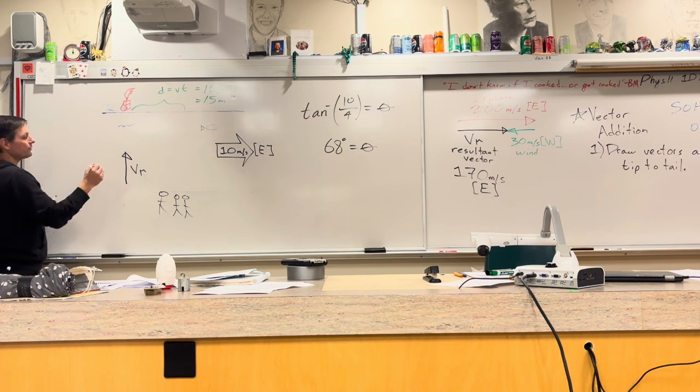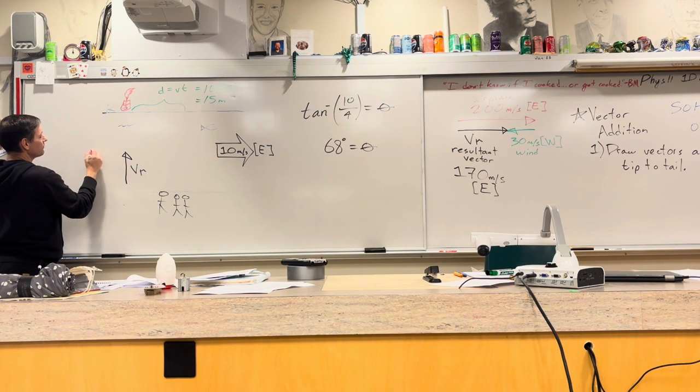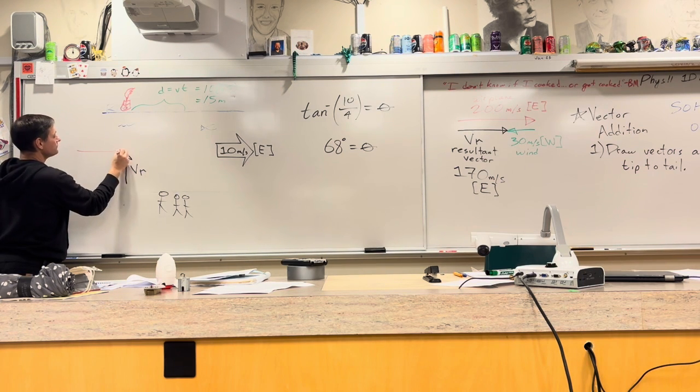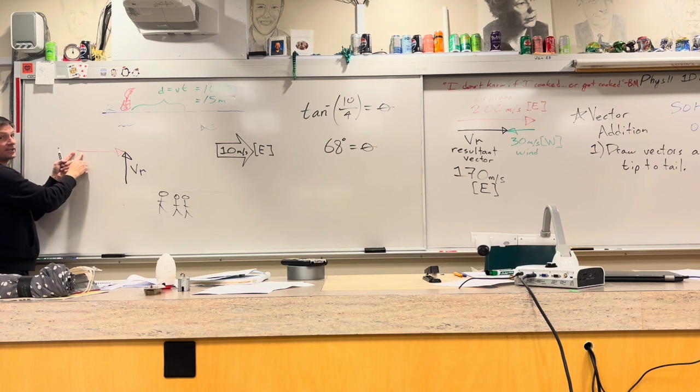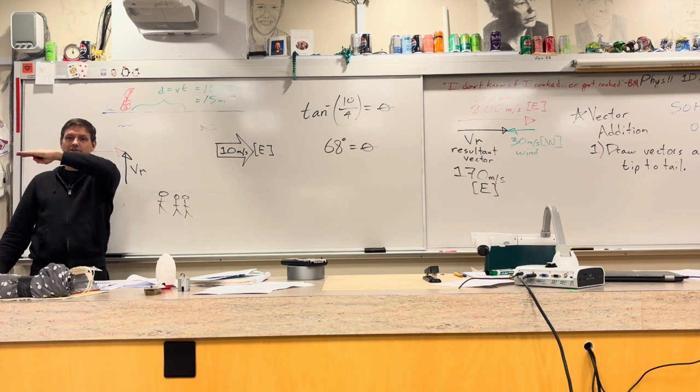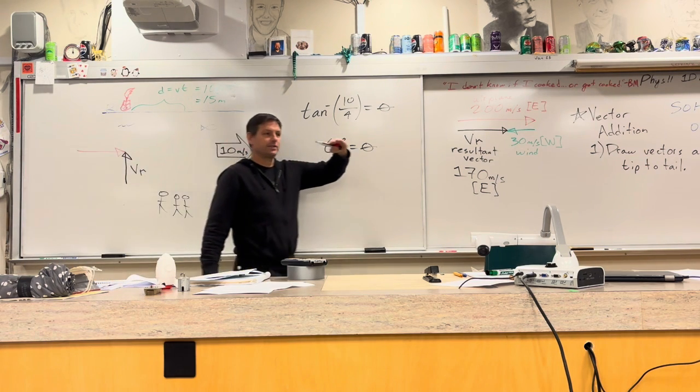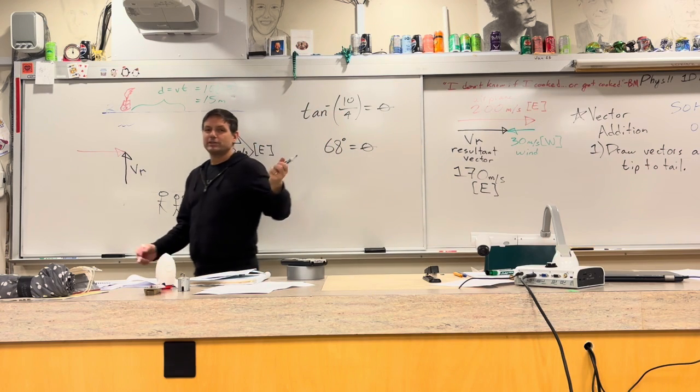Because the river is pushing at 10 this way, right? We need for her to swim this, and she only has 4. She'll never get there, right? Even if she swims straight against the river, she's still going to end up going this way, right?